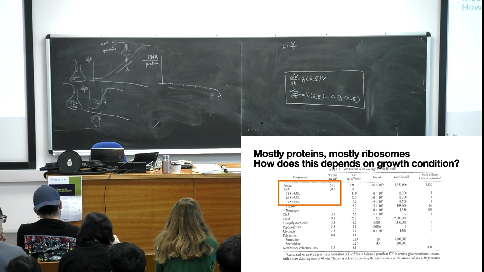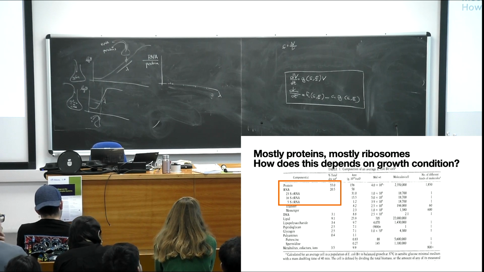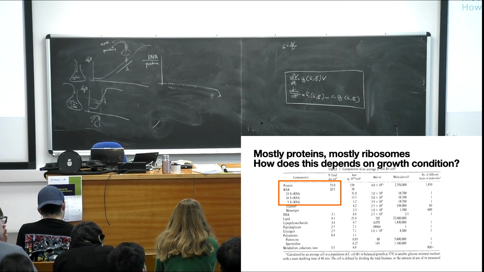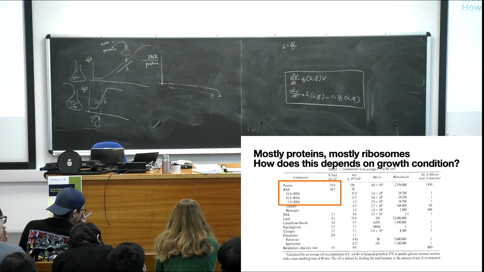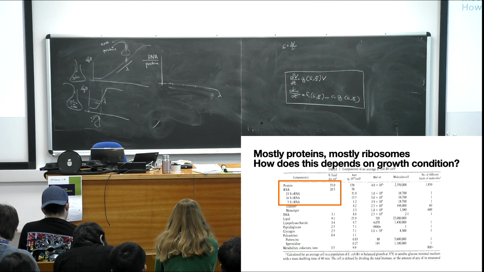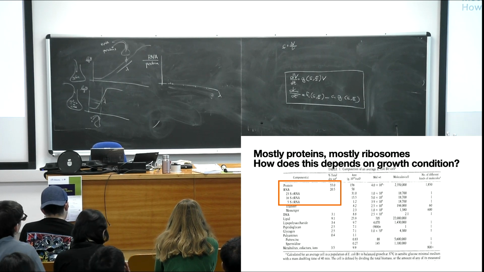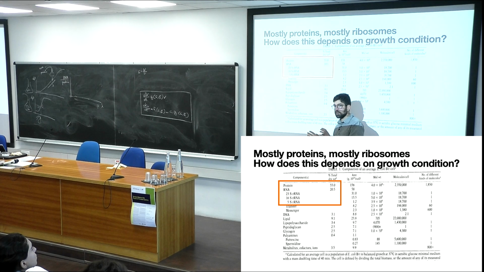The majority, 48 of this 58, is in these rRNA, which are the structural RNA component of ribosomes. Ribosomes are those machines that make protein, that assemble proteins by reading the messenger RNA and translating it to a sequence of amino acids. Those big chunky proteins are also made of RNA.